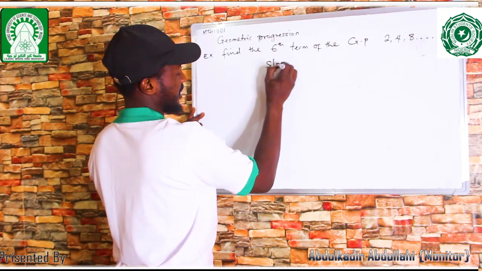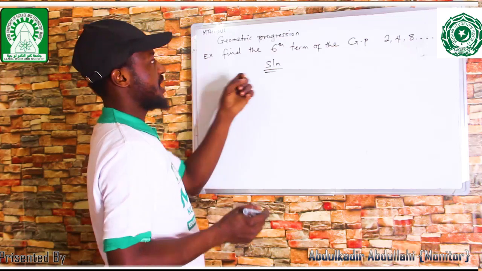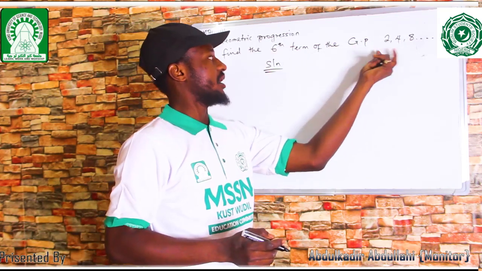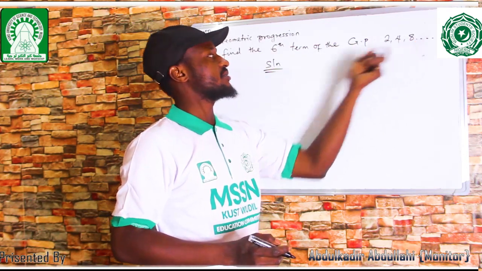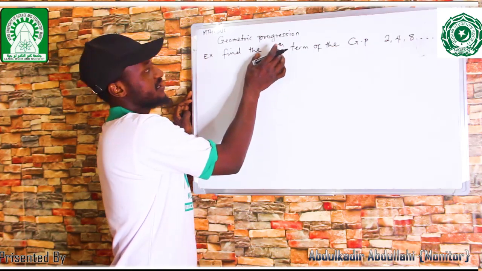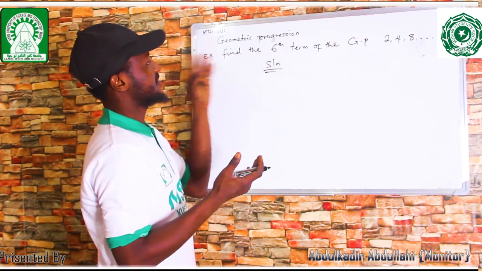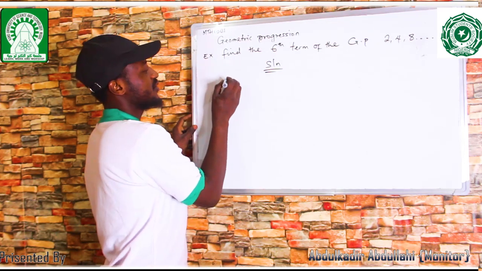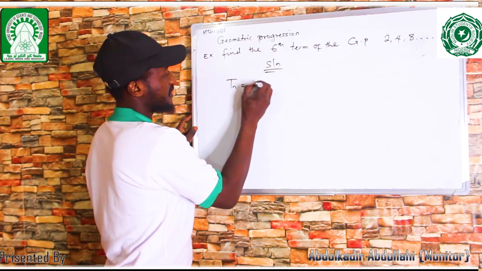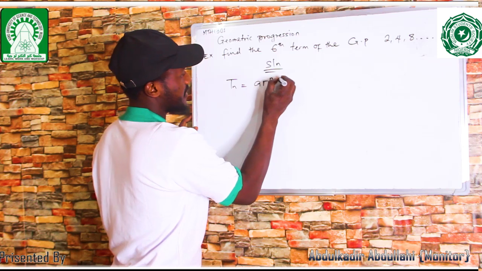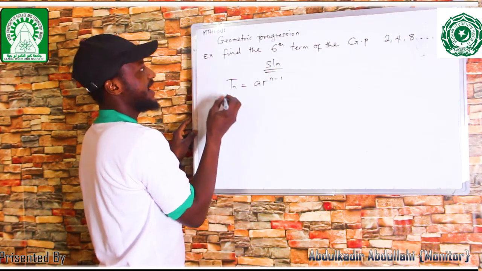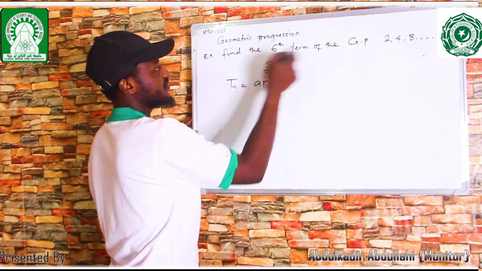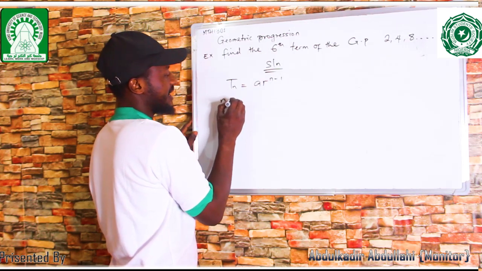Solution. Assuming we are given this GP, we have only 3 terms, but we are asked to find the 6th term. So to find the 6th term of the GP, we use our nth term formula, which says Tn is equal to A r^(n-1). The 6th term we are asked to find is our n. That is, n is equal to 6.